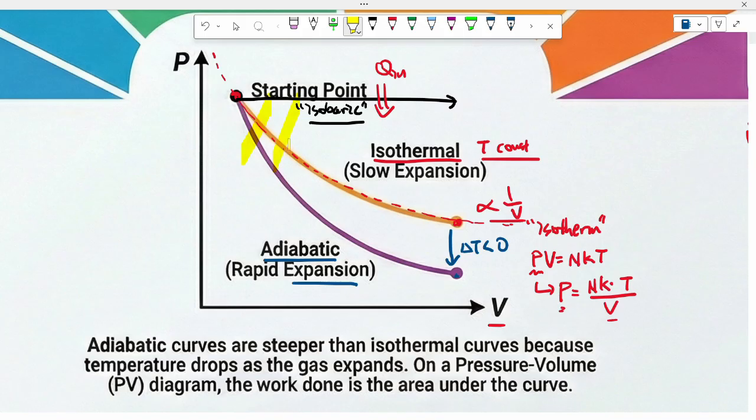All this area under the curve is illustrating how much work is being done, the same as the isothermal process. But in the isothermal process, as you are doing this much work, there was only enough heat transfer to keep the temperature constant, to keep it on an isotherm.